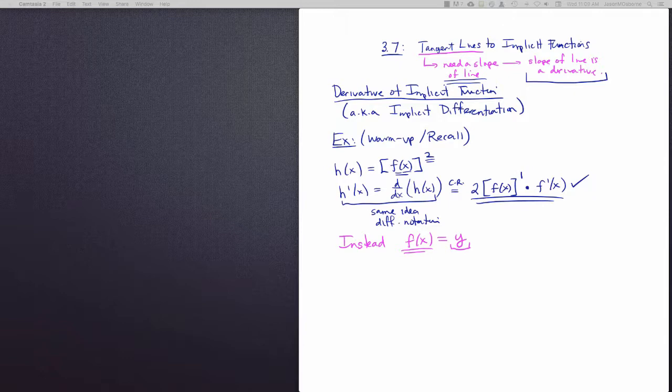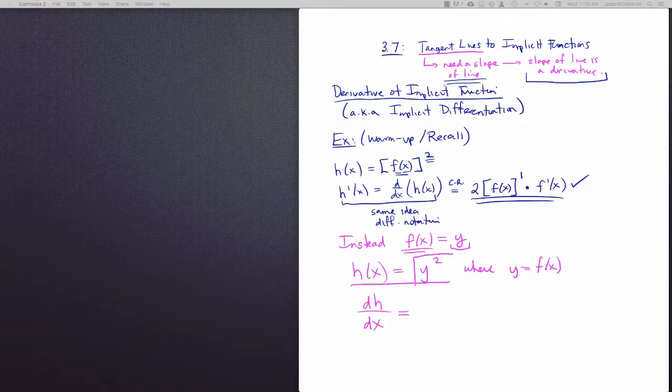So instead, the problem could have written that h of x is y squared, where y is equal to f of x. They could have just written this, and it's up to us to remember that y is equal to f of x.